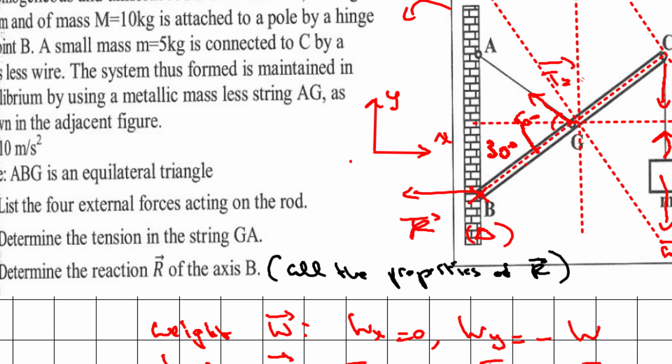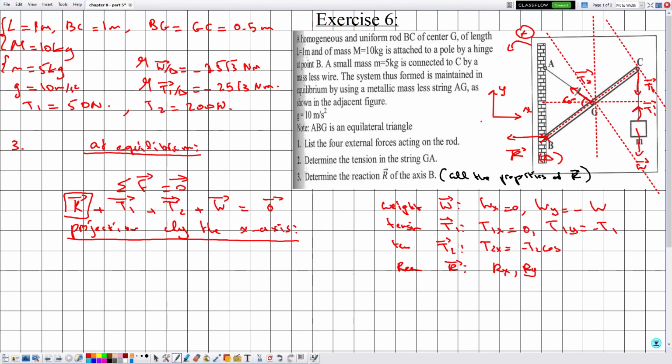If this is 30 and all of this angle is 60, then this angle here that I'm shading will be 30 degrees, because it is the angle between the vector T2 and the horizontal, which is this. Let me repeat.